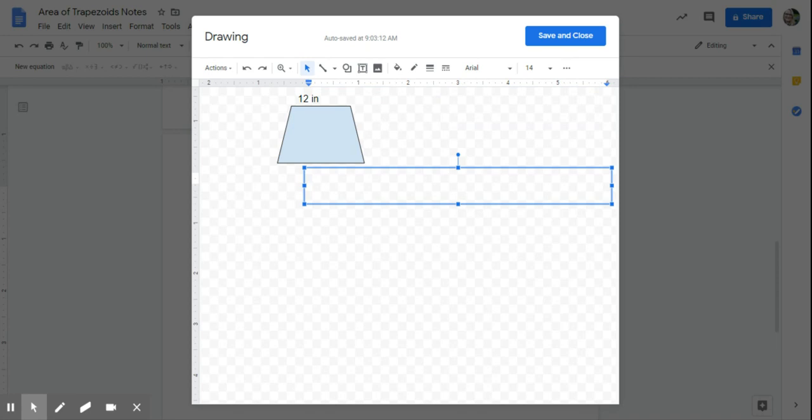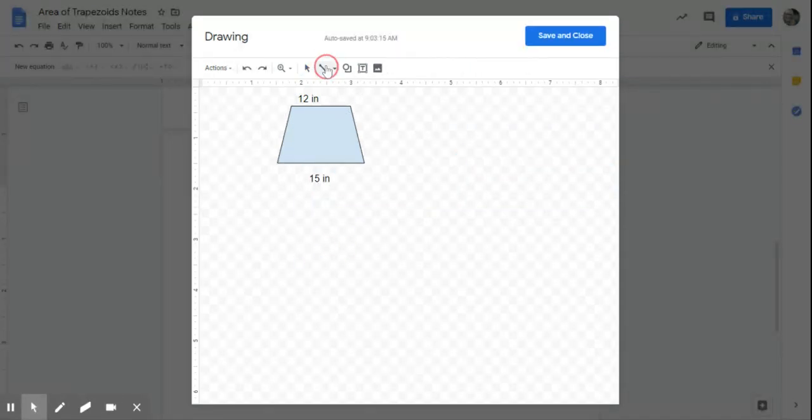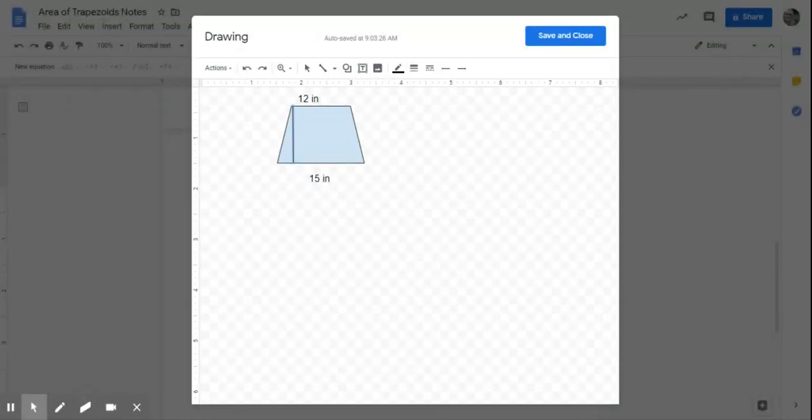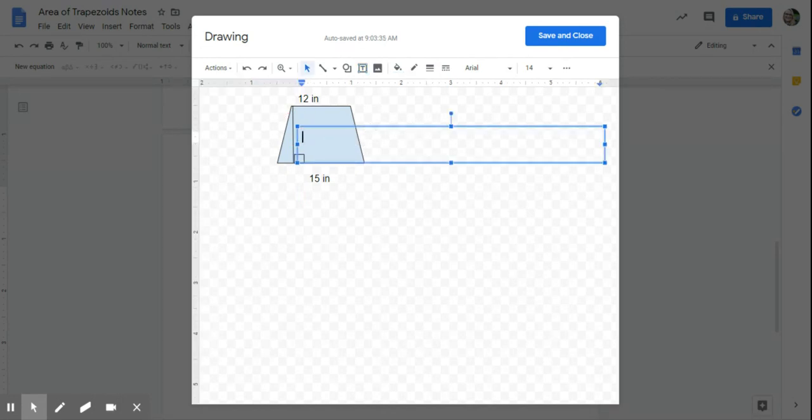And let's say the bottom one is 15 inches. And I'm going to draw in my height. I'm going to put a right angle so I know specifically this is height and not anything else. And let's say that that height is 5 inches.